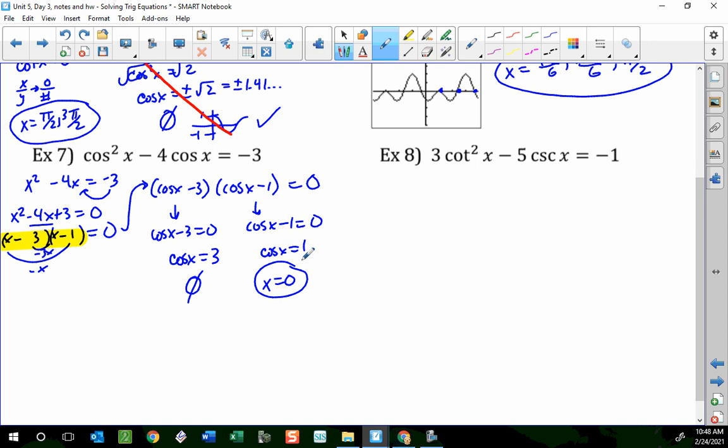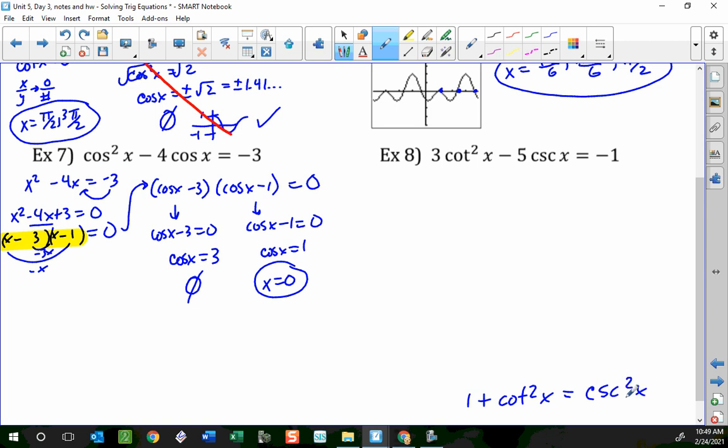So in this last problem, I have an issue here. I got cotangent squared and I got cosecant. Ooh, these don't go together. But do you remember this identity? Every once in a while you have to change something to make it work. So do you remember the identity that says 1 plus cotangent squared equals cosecant squared?